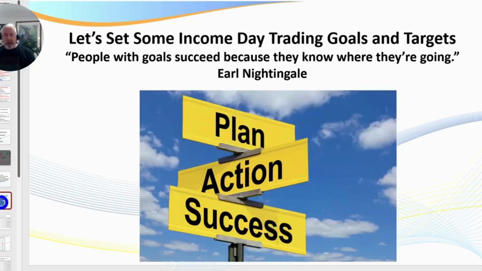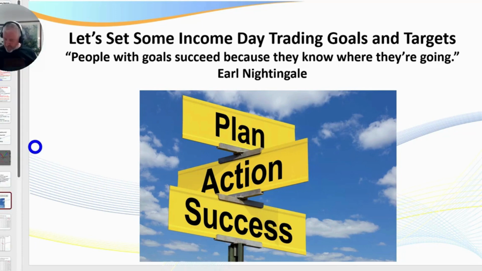Now so many traders and people in general in life just don't have goals or targets. And as I sometimes say, a poor man or woman is not a man or woman without a cent, but a man or woman without a dream. By having and creating a realistic, compelling future, that's what this is all about.